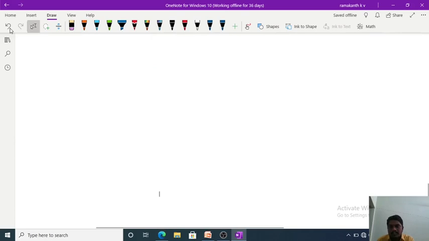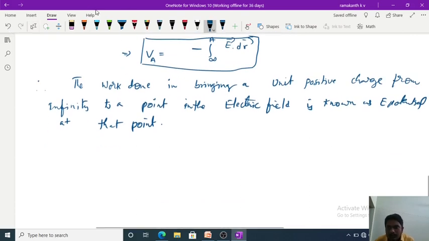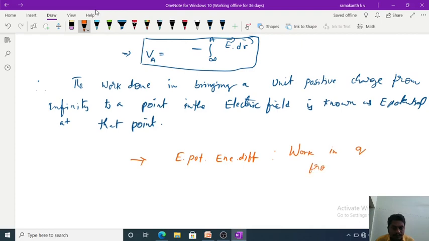So once again I want to repeat what electric potential is. What is electric potential energy difference? Work done in moving Q from one point B to another point A is called electric potential energy difference.